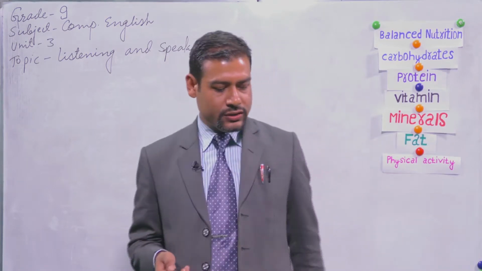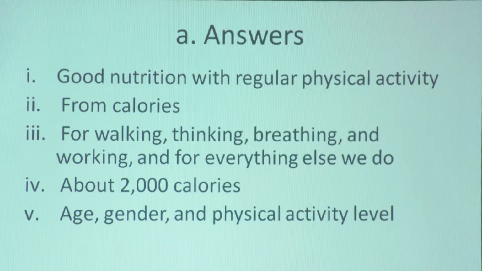So number 2, the question is, how is the energy we get from food measured? From calories, by consuming the foods from which we get the calories. Question number 3, why does our body need calories? For different types of activities, like it is given in our audio material: for walking, thinking, breathing, and working, and for everything else we do.